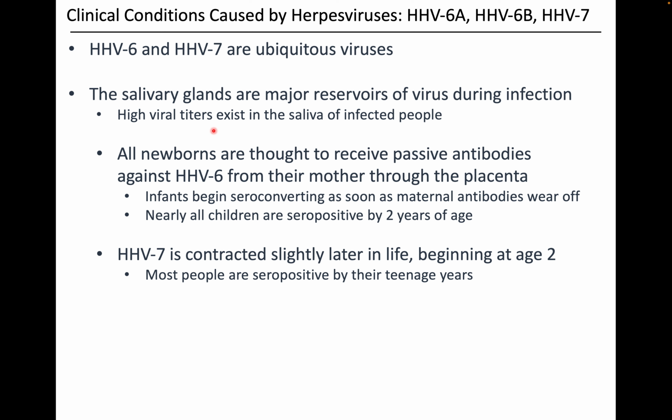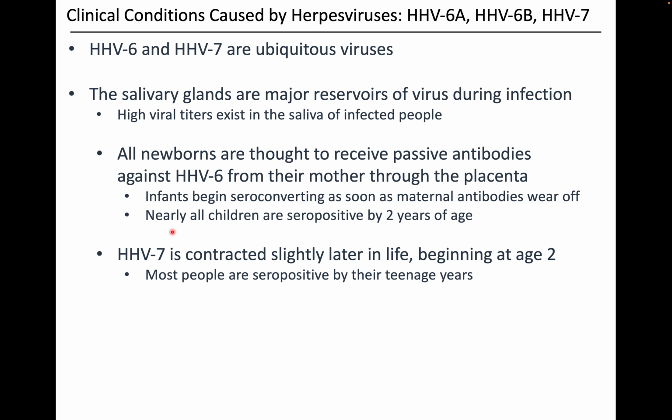And pretty much all newborns are receiving antibodies against HHV6 from their mom in utero. After birth, those antibodies are going to wear off, be cleared from the system, and pretty quickly almost all kids are going to be reinfected and will be seropositive again by 2 years of age.